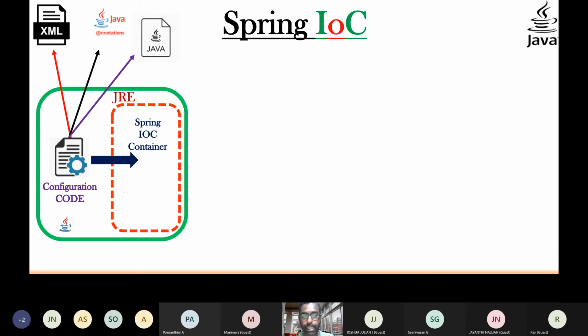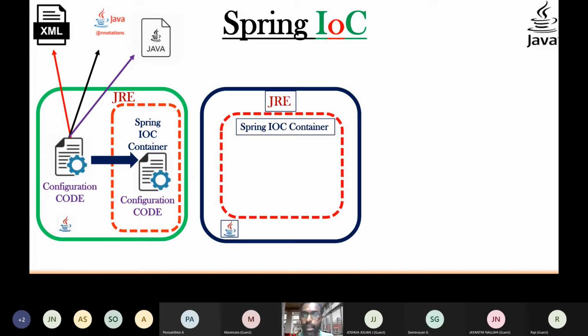Now, whichever configuration you provide, the container will take the configuration code and consume the information from it. Once the IOC container consumes the information at runtime, based on the configuration details, it will start reacting. What it actually does once the configuration is handed over is what we are going to see in this flow.